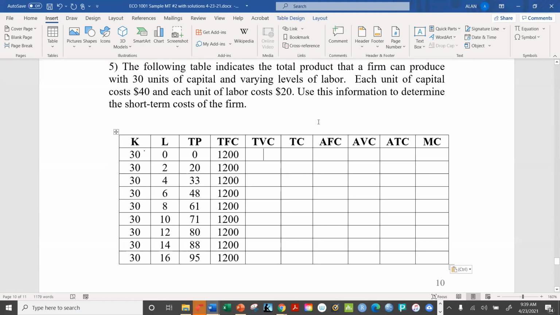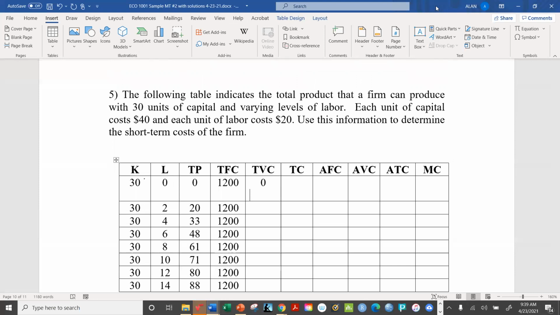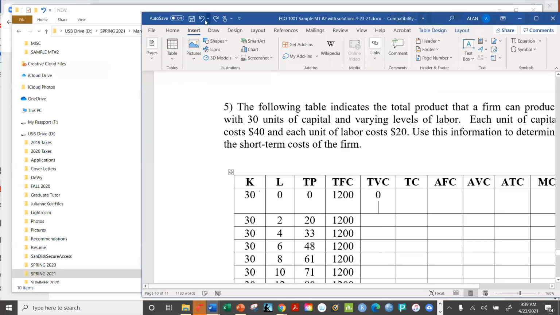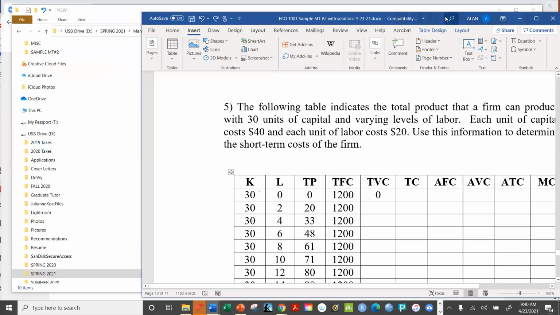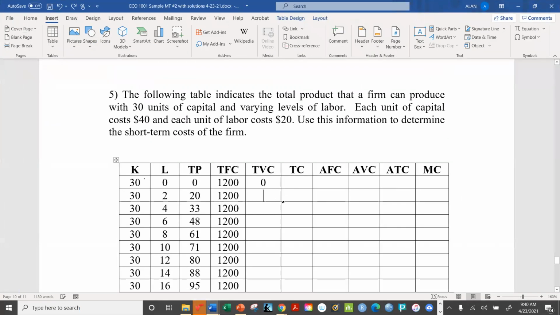The variable cost is the labor. Labor costs $20 per unit. So what I'm going to do is go through and multiply each one of these labors by $20. So for example, at the next row, I've got 2 labors, which means $40.